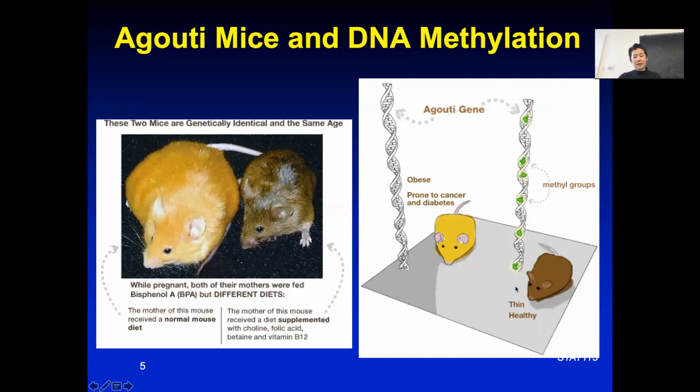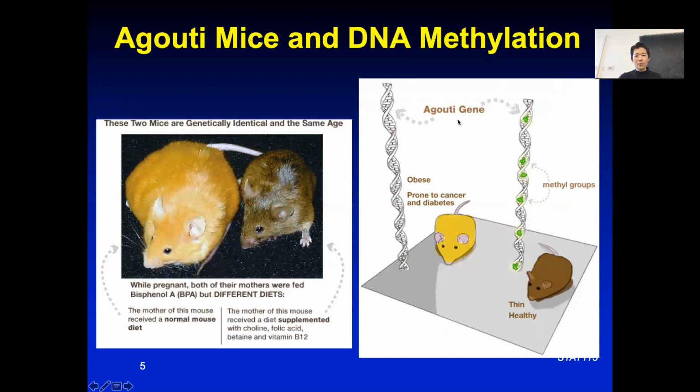Then the baby mice will come out looking thin and healthy like this. However, if the pregnant mother mice are fed a methionine-poor diet, they will give rise to babies which, when they grow up, will have this yellow hair color as well as an obese phenotype.